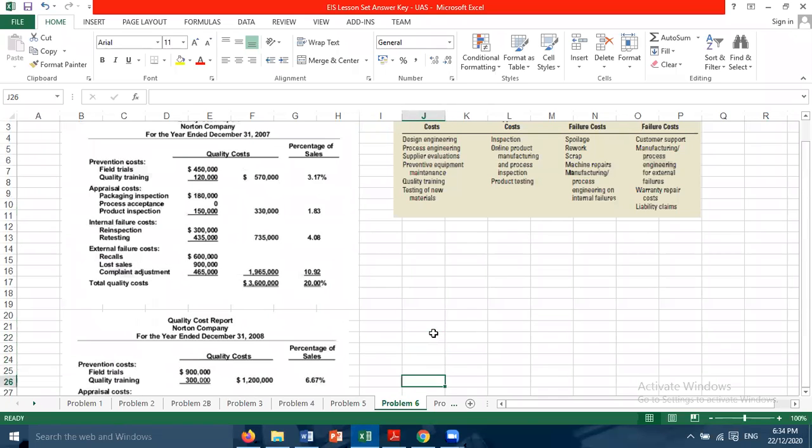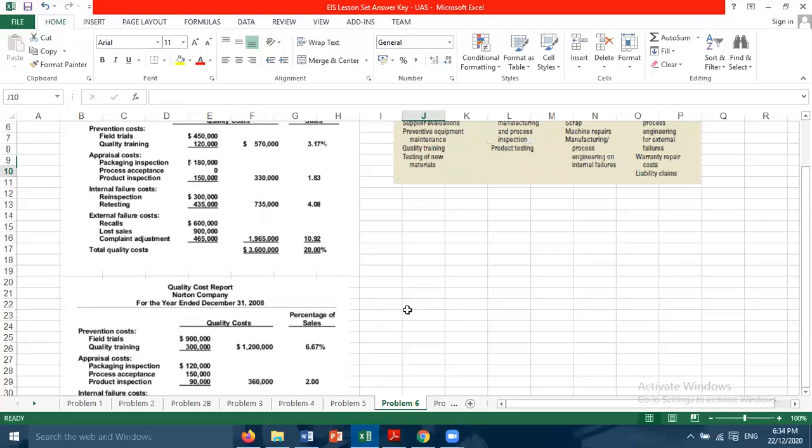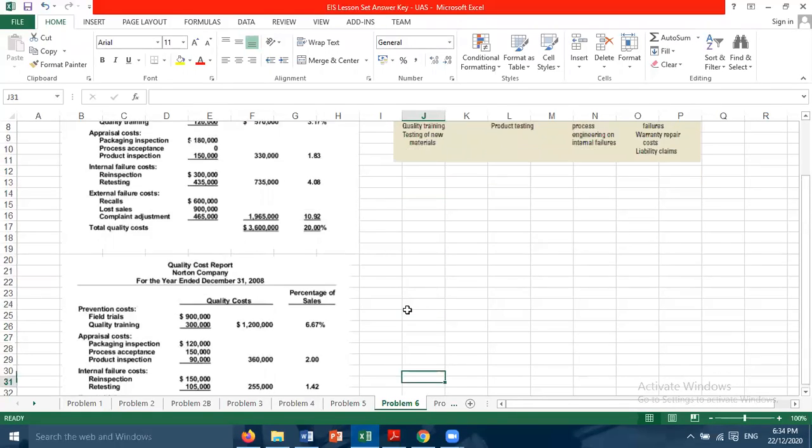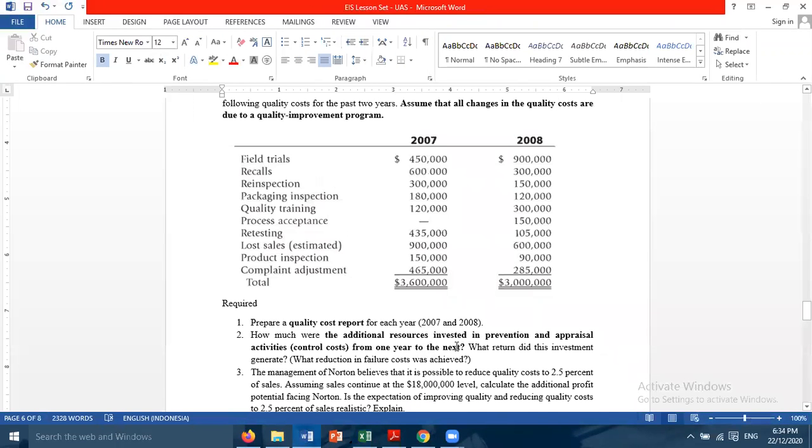And for appraisal, it goes up from 330,000 to 360,000, or 30,000 more. So in total, it has a 660,000 rise in prevention and appraisal costs, as you can see here. So control costs increased by 660,000, which is the answer to the first question.